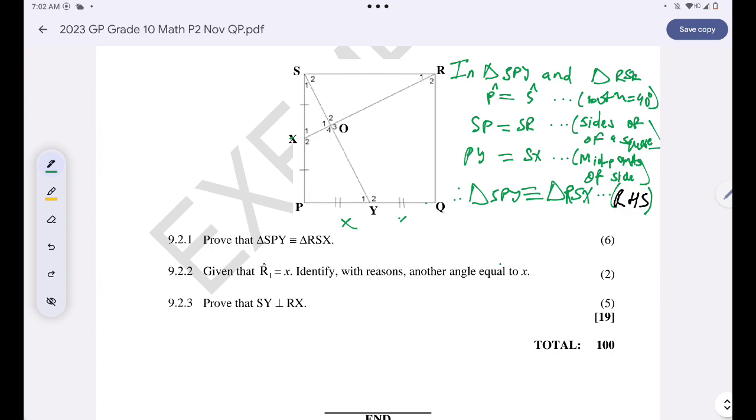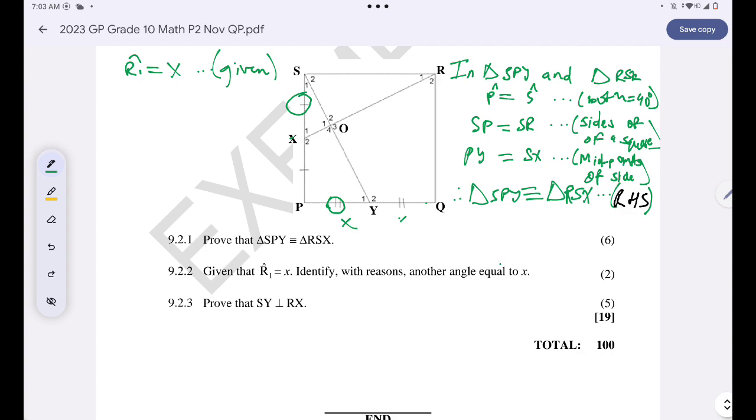9.2.2, I'm told that R1 is x. Identify with reason another angle which is equal to x. Okay, so if R1 is x, this was given. What do you know? Please note, guys, that if two triangles are congruent, equal sides will subtend equal angles. For example, SX is equal to PY, as we've proven here.